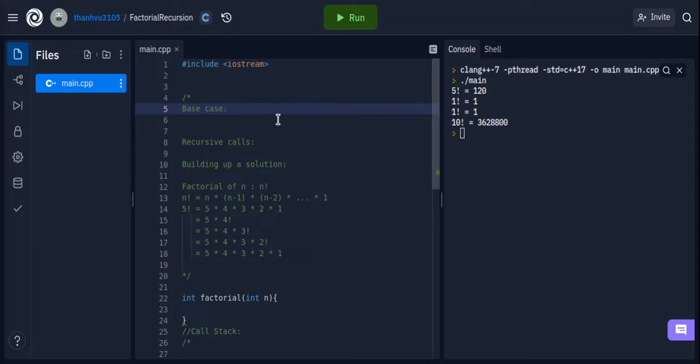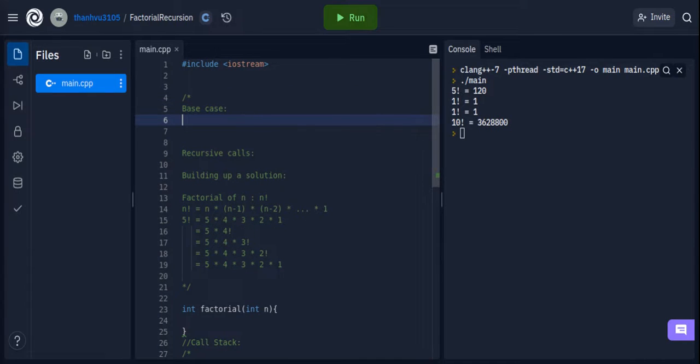Now look at the base case. The base case is the simplest case, where you cannot make any more subsequent recursive calls.